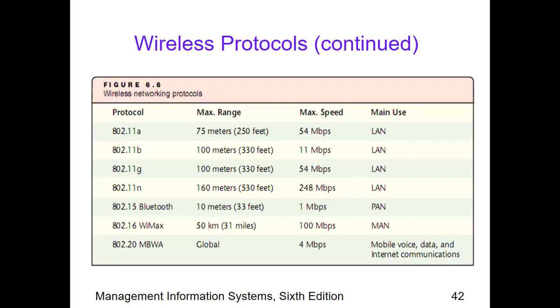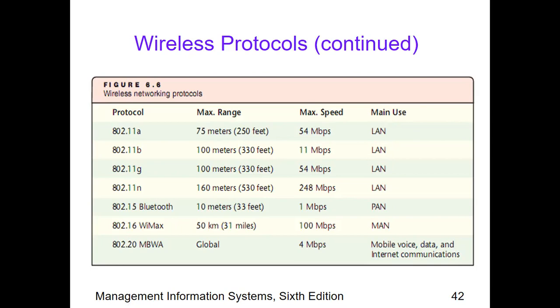Then our wireless protocols could be in these forms, but I would say this is the most common protocol among the items here. 802.11a, max range is 75 meters, 250 feet. Maximum speed is 54 Mbps, and main use is for the local area network, so just within, for example, a house or close area only.